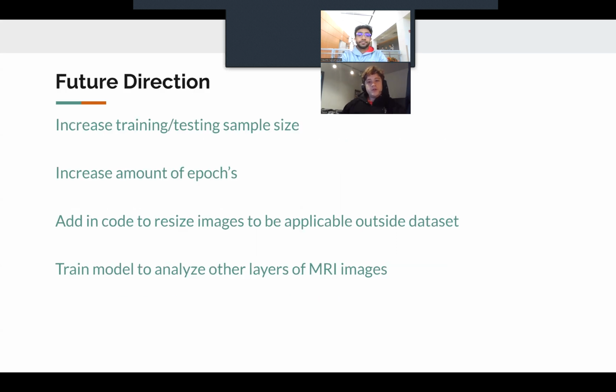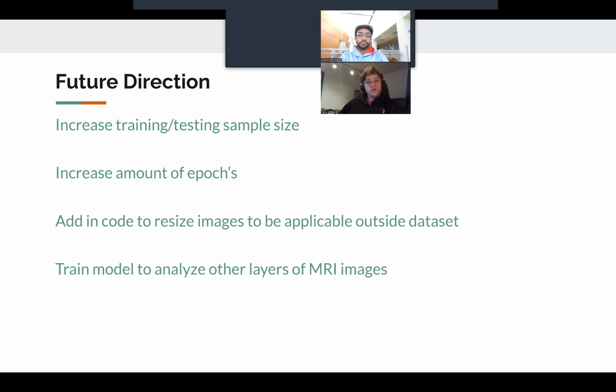In the future, to further increase the accuracy, if at all, for the model, we could increase the sample size of both the training and testing parts of the full sample. We could also increase the number of epochs to have greater confidence in that 100% accuracy.